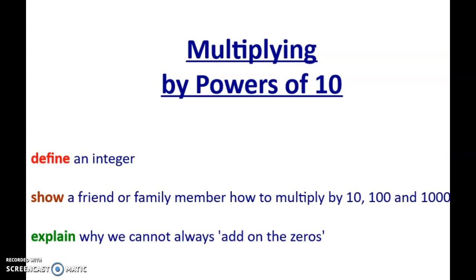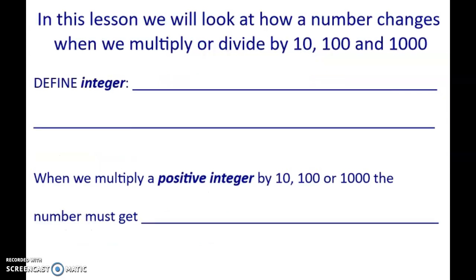So the first thing we're going to do today is just have a look at some definitions. What we want to do today is look at how a number changes when we multiply and divide by 10, 100 and 1000. And we're going to look at division next lesson. So on the screen I have two blank spaces.